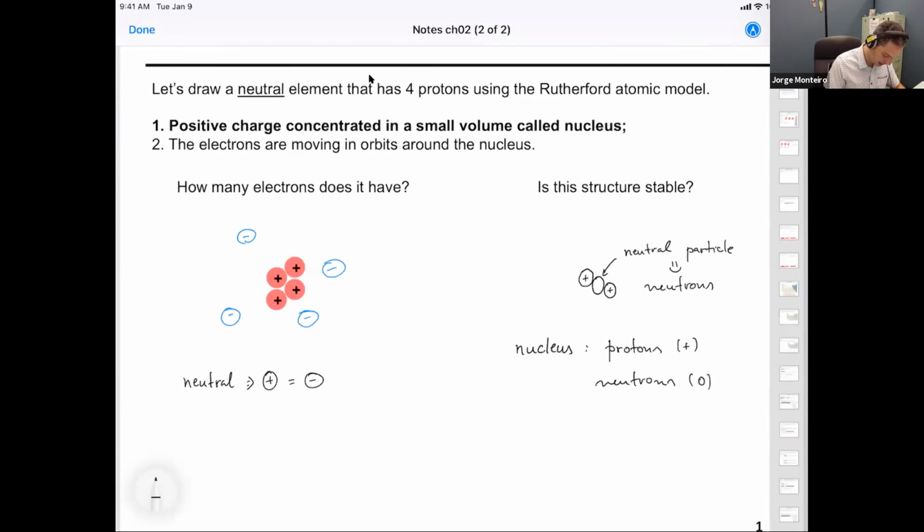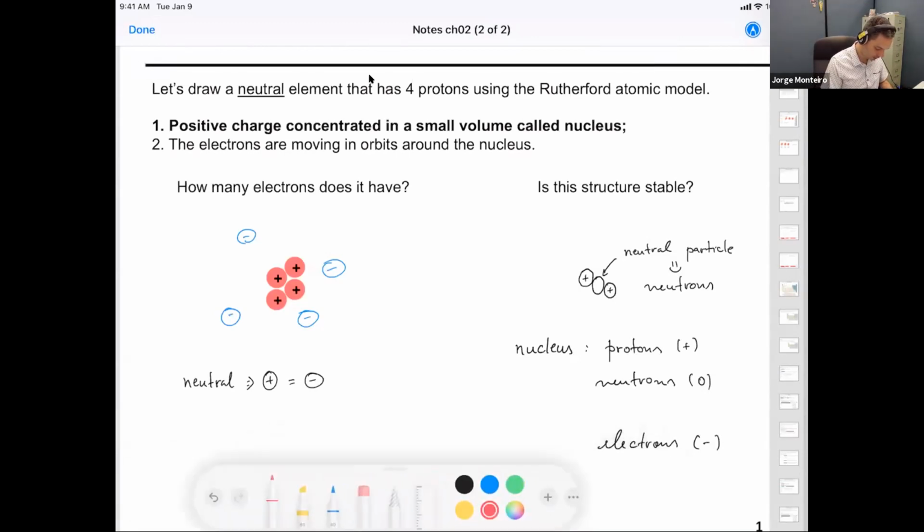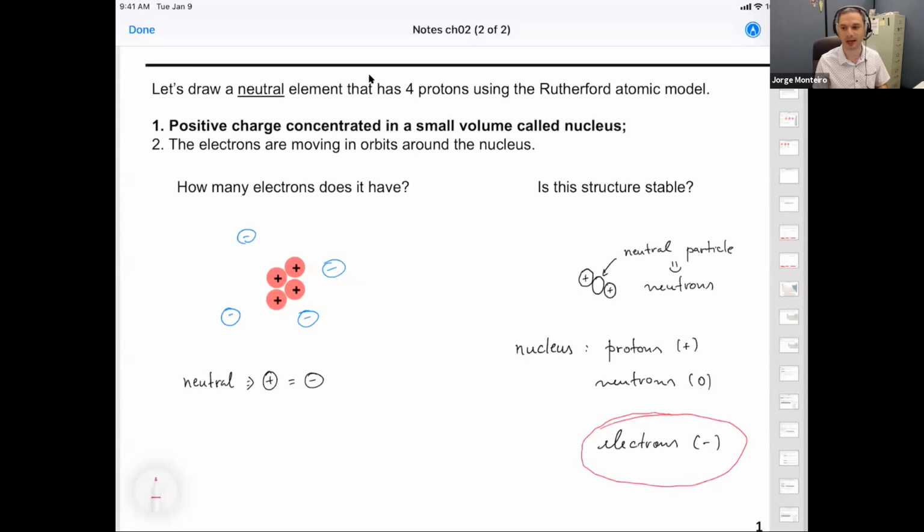Outside the nucleus, we have electrons, which are negatively charged. For this course, we are going to focus heavily on these guys here, the electrons.